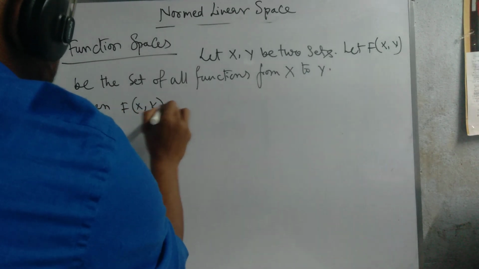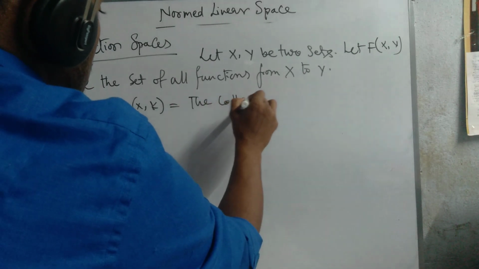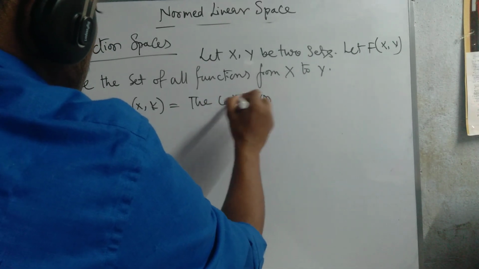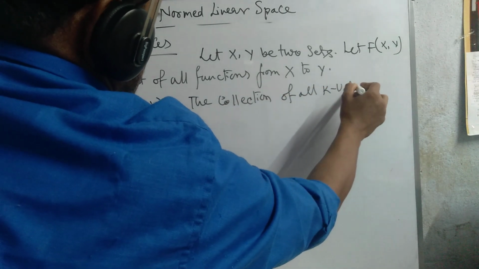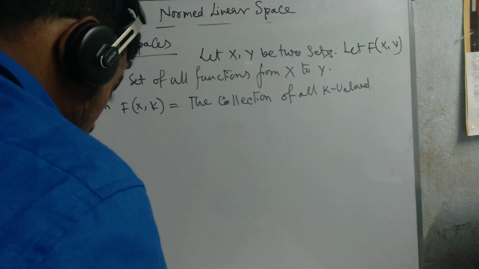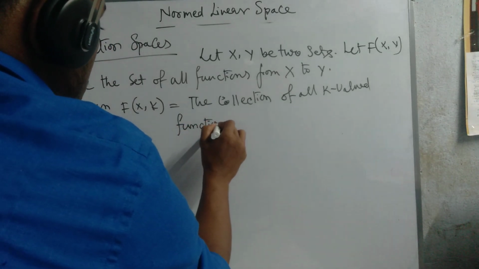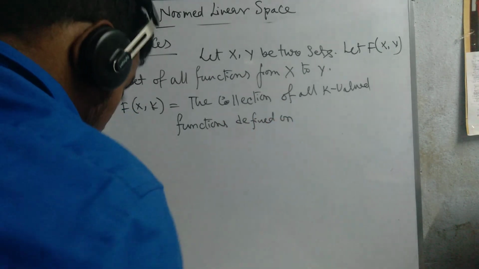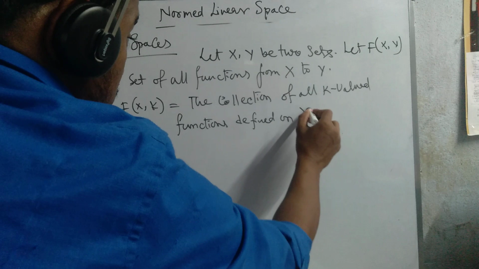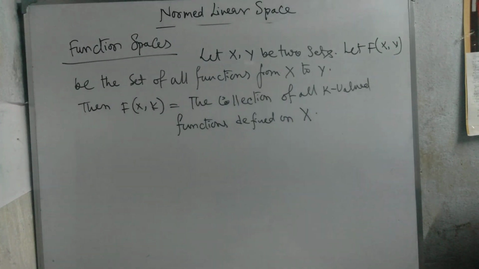Then F(X,K) equal to the collection of all K-valued functions defined on X. Now what happens here?